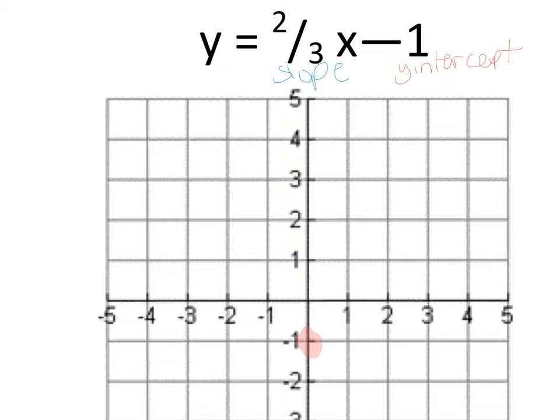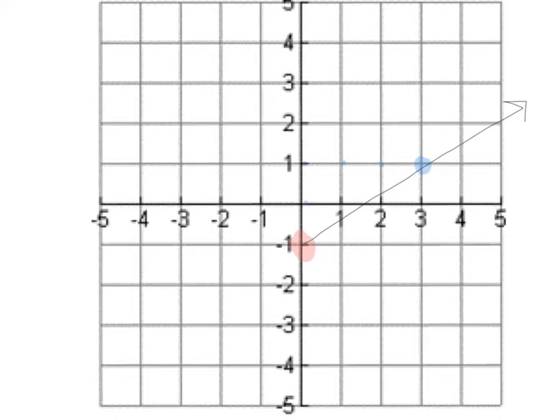So we go up 1, 2 over 3. 1, 2, 3. Now we connect our line in both directions, making sure that we have arrows on it so that it goes off in equal directions.